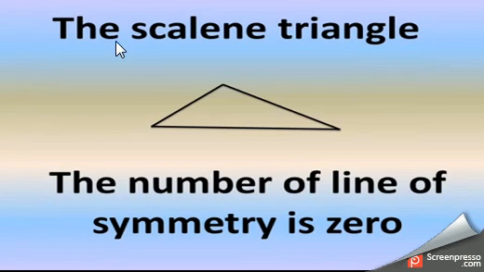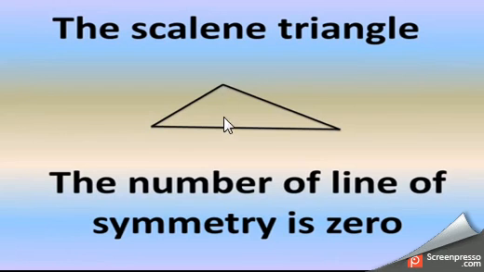Now let's go to the scalene triangle. How many lines of symmetry does the scalene triangle have? We will see now. If I draw a line of symmetry here, will it be a line of symmetry or not? No, mister, because this part doesn't completely cover this part. And if I draw a line here, will this be a line of symmetry? No, mister, because this part falls here and doesn't completely cover the second part.